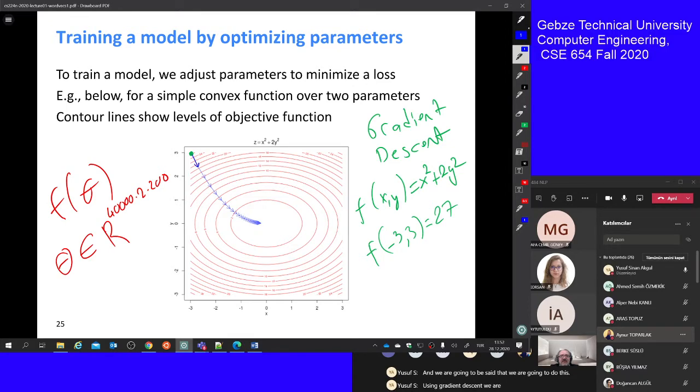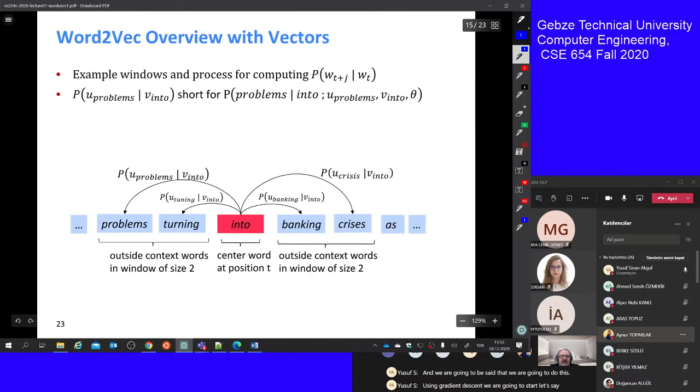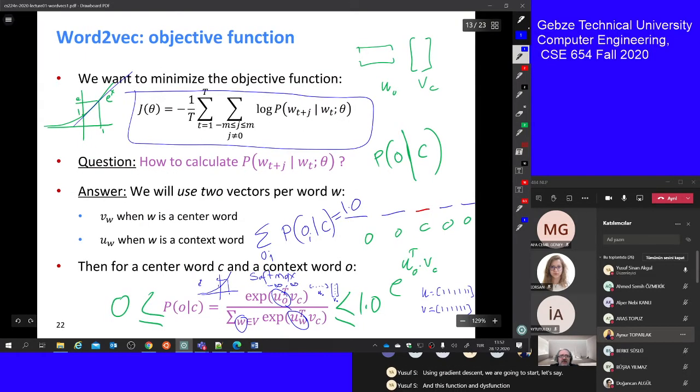We start with this objective function, assign random values to all the parameters, and calculate the objective function. Then we change these parameters in a way that decreases the objective function value, trying to make it as small as possible. That's called gradient descent.